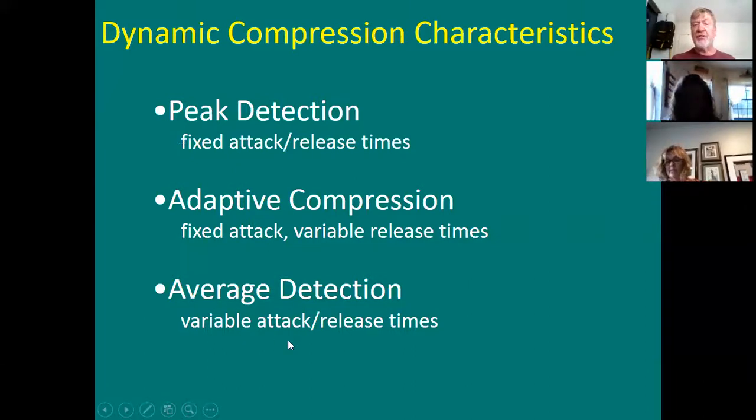Now, average detection was one step beyond adaptive compression. Average detection said, not only is the release time variable, but also the attack time is variable. And, as they say down in the deep south, that's even mo better. So now you've got attack times and release times that vary. If the sound is quick to become loud and quick to become soft, quick attack, quick release.